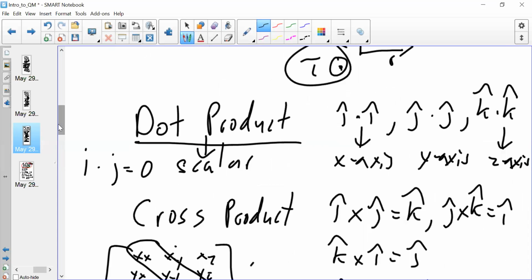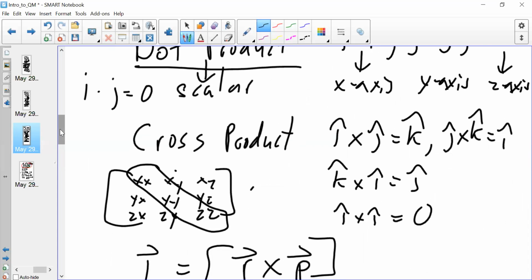We didn't have magnetic fields in this class, but when you cross a velocity vector and a magnetic field vector, you are always going to get a force, a magnetic force. So the magnetic force is always going to be perpendicular to the plane of the moving particle.